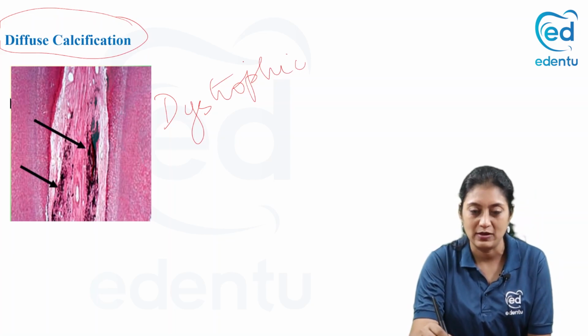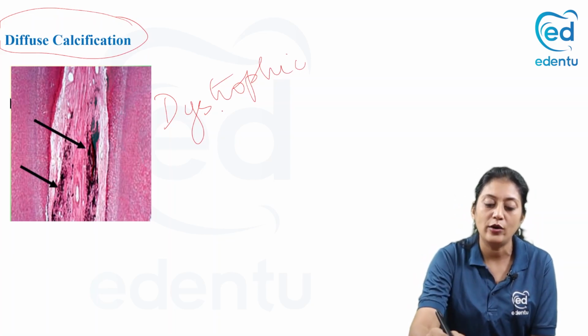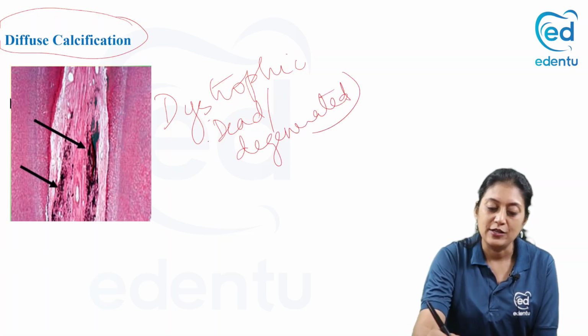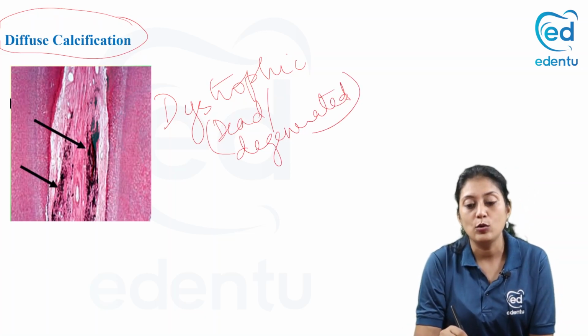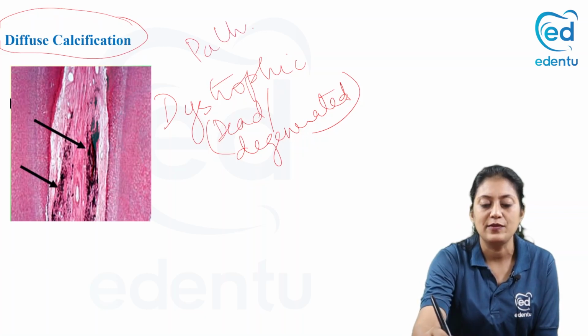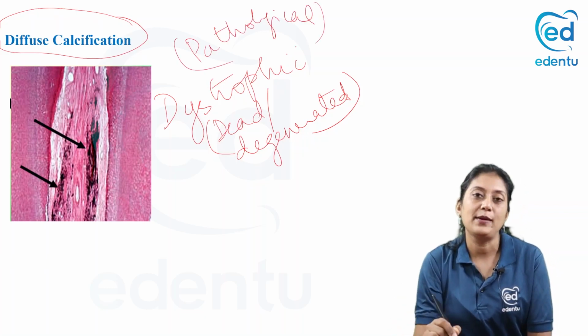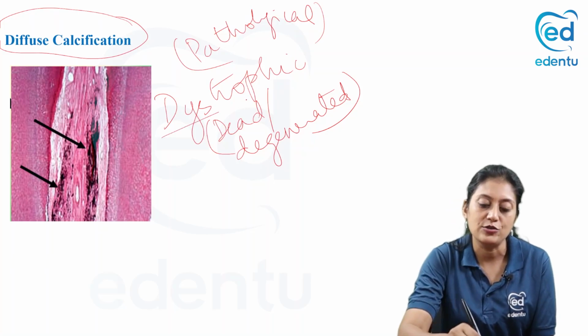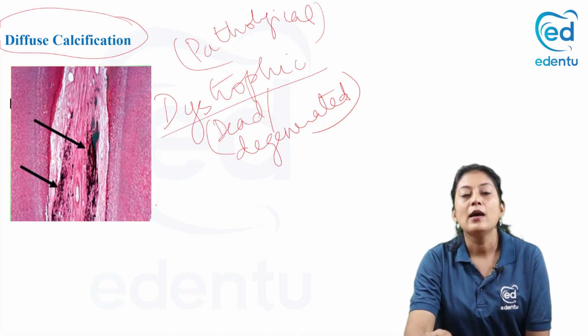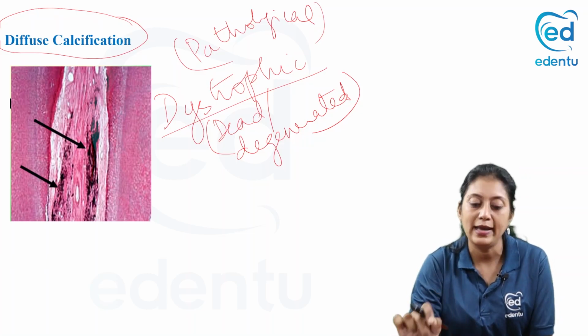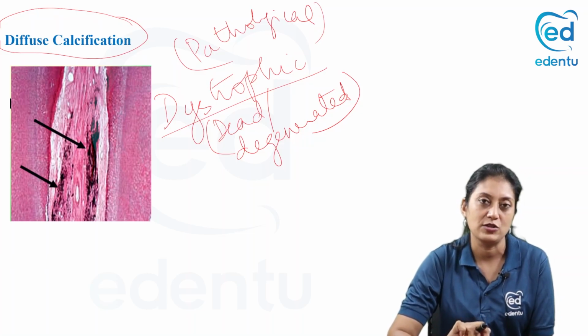Dystrophic calcification means if you see a dead or degenerated tissue, that area may undergo a pathological type of calcification, which means it's not normal, it is pathology. That is called dystrophic calcification. Therefore, pulp stones or denticles and diffuse calcification are all examples of dystrophic calcification.